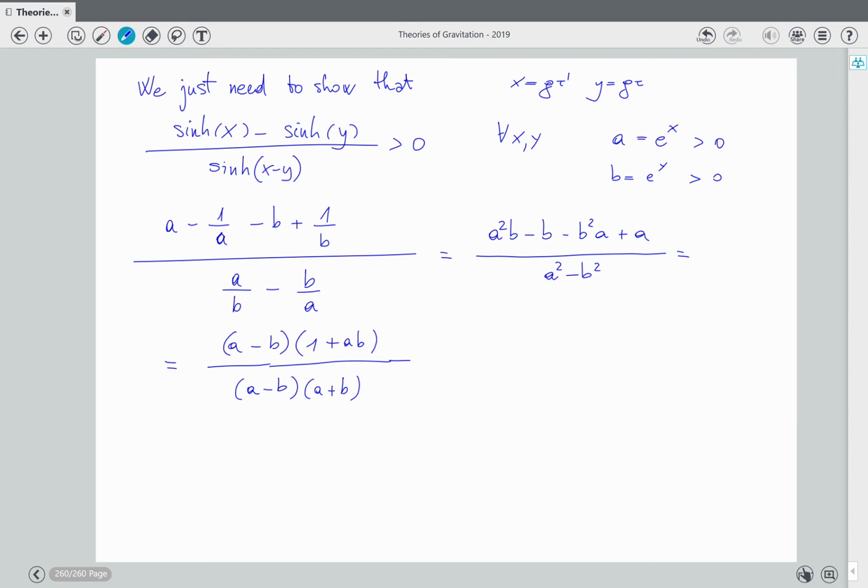Why? If you multiply, you have a times 1, a, minus b times 1, a times ab, a squared b, minus b times ab, b squared a. So now you see that the result is always positive.